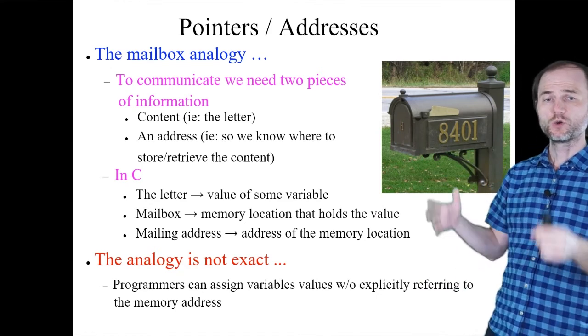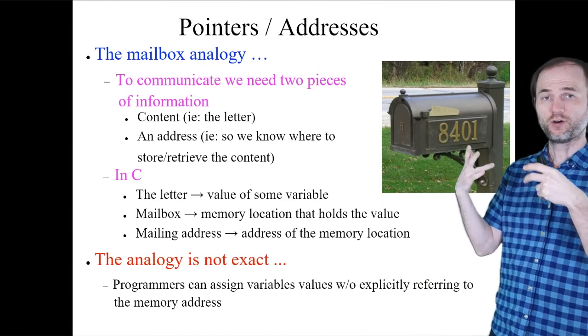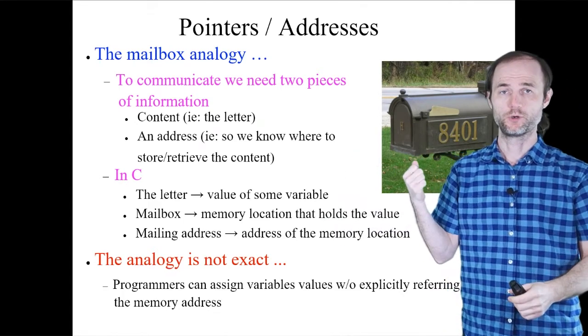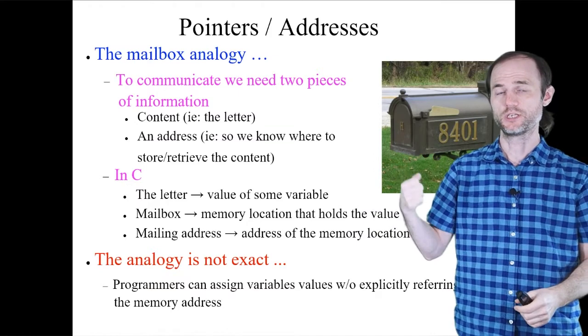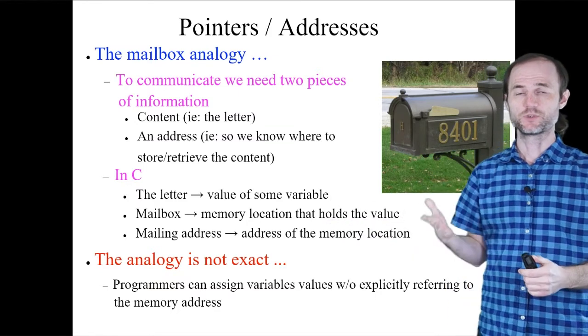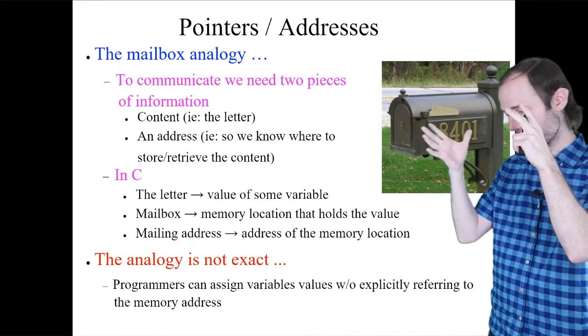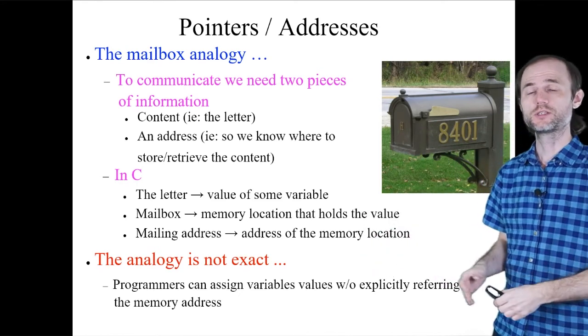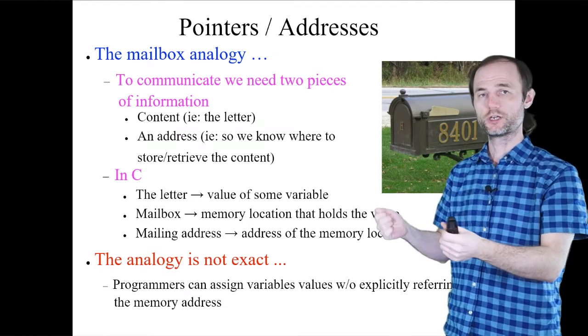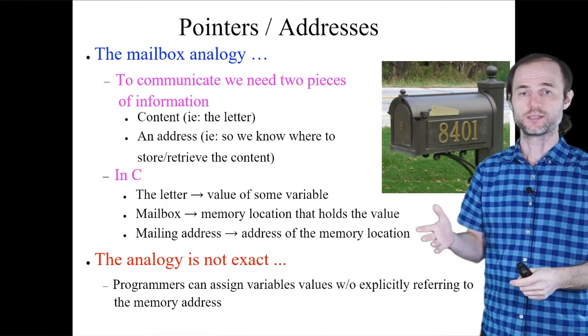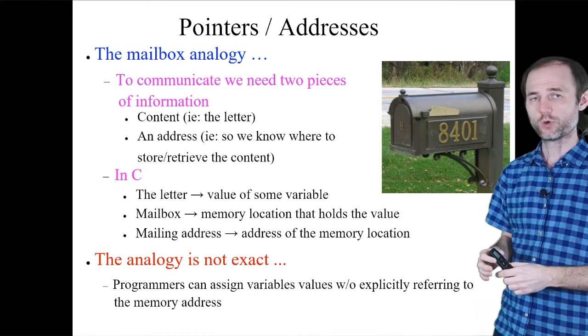So if we know the address of the location, we can go there, pick up the variable, modify it, examine it, read it, put it back. And that's precisely what you can do with a letter. Once you know which mailbox the letter is in, you go to the mailbox, open the letter, modify anything you want, put the letter back. And that is precisely how pointers work.